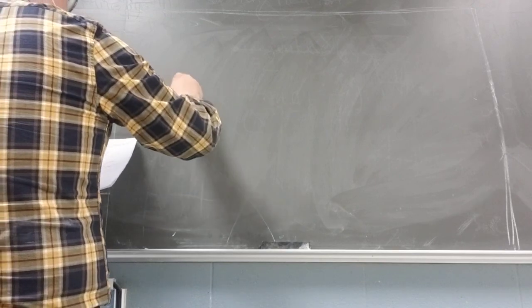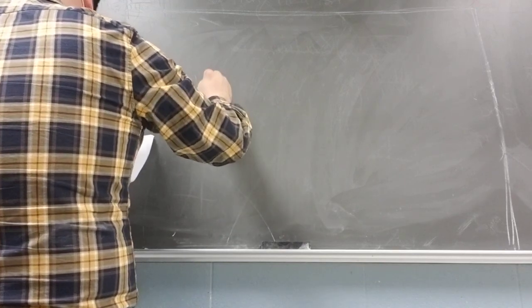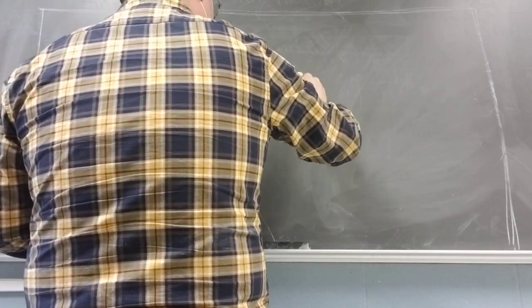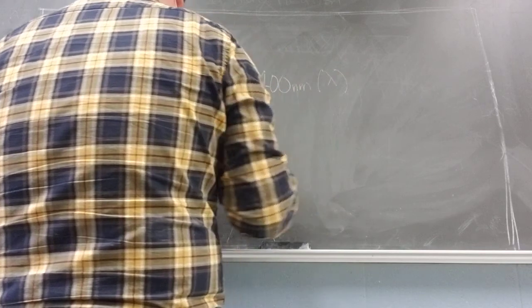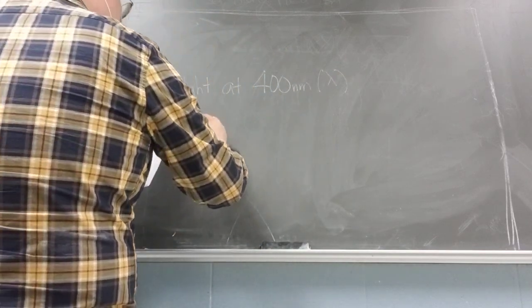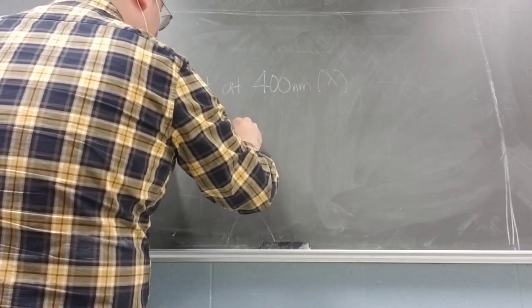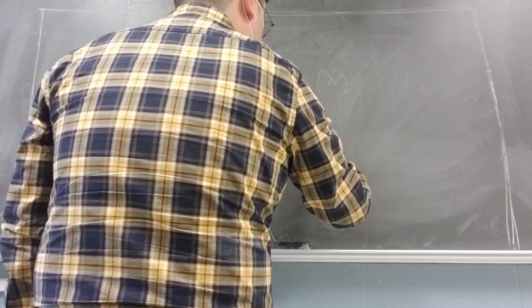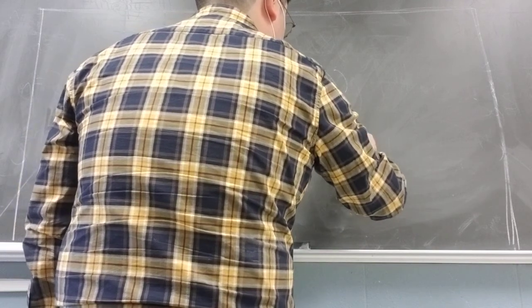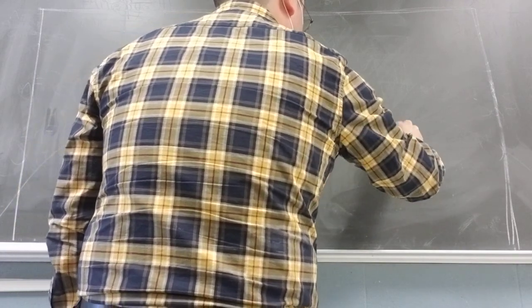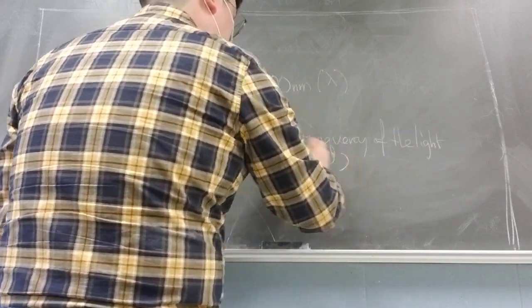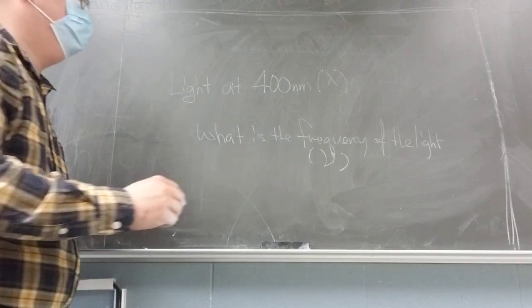Okay, so if you have the light at 400 nanometer wavelength, what might be the frequency of the light?